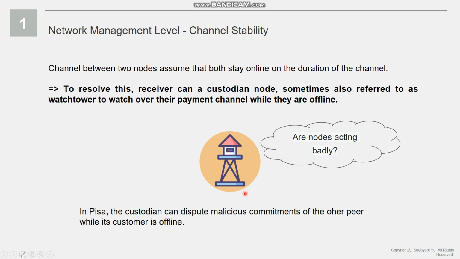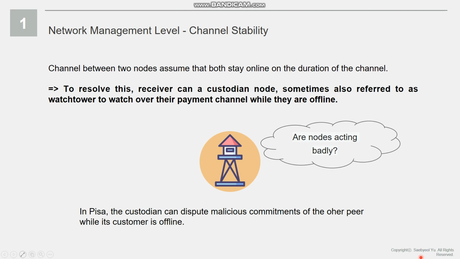And this is the watchtower. They are concerned about nodes acting badly. In PISA, the custodian can dispute malicious commitments of the other peer while the customer is offline. And there are also similar concepts in Raiden or Lightning networks.